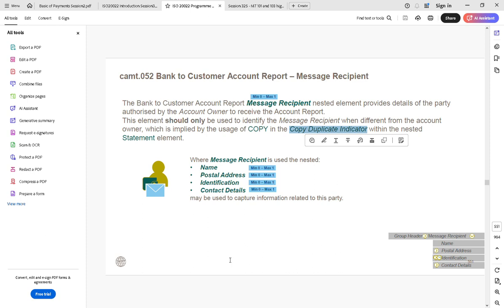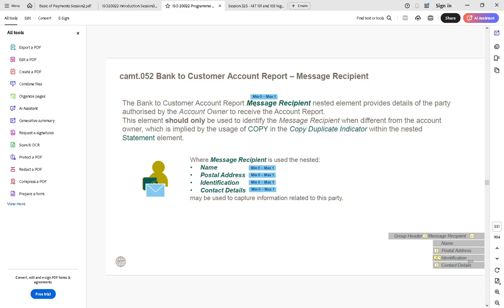Yeah, it's here. Copy, yeah, this is copy duplicate, and it is also there. Yes, message recipient here. Message recipient, oh, the spelling, they don't have spaces here. So under message recipient there is copy duplicate indicator.